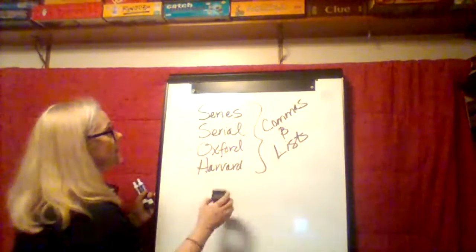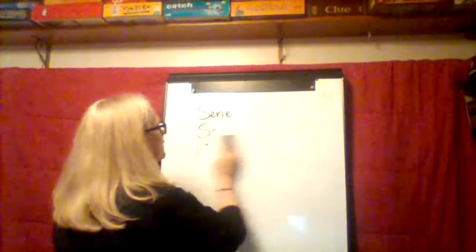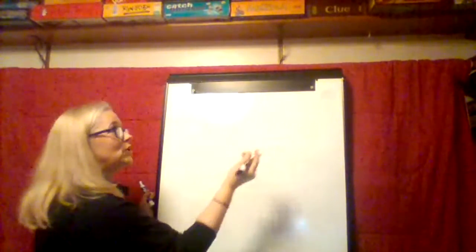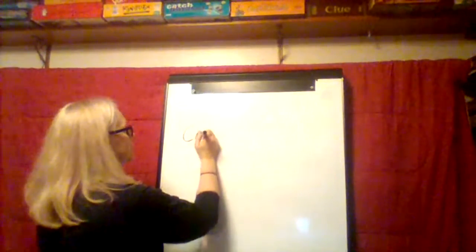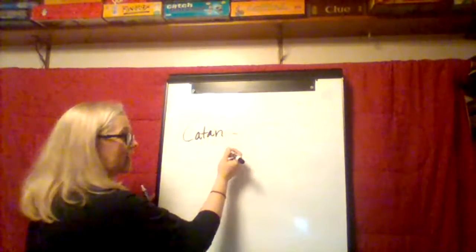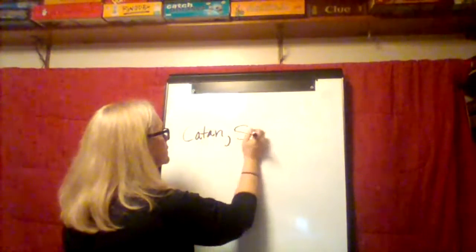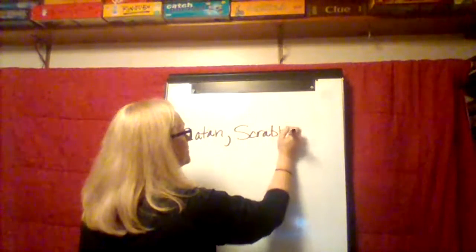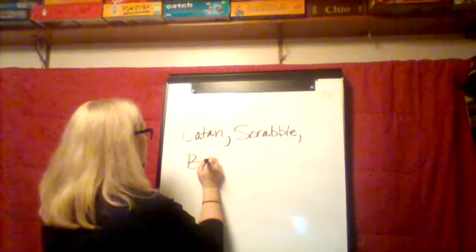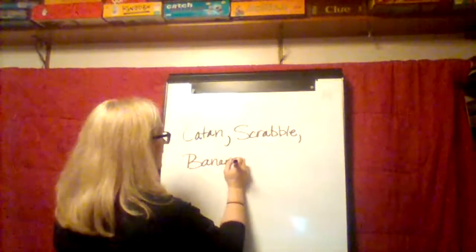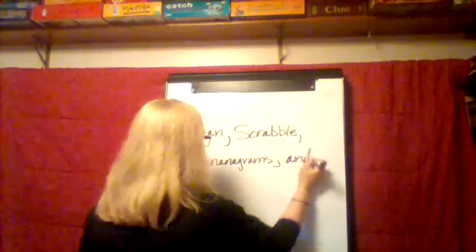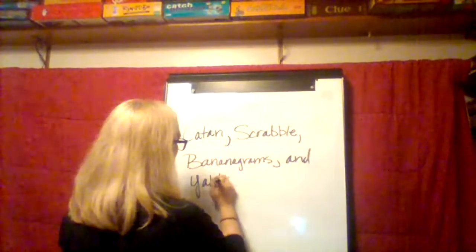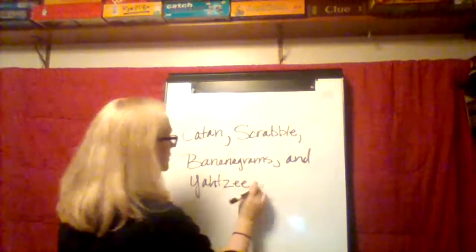So when you're making a list of items, you have more than 2 items. So I'm looking here at my wonderful game cupboard, and I have Catan, and Scrabble, and bananagrams, and Yahtzee on my shelves.